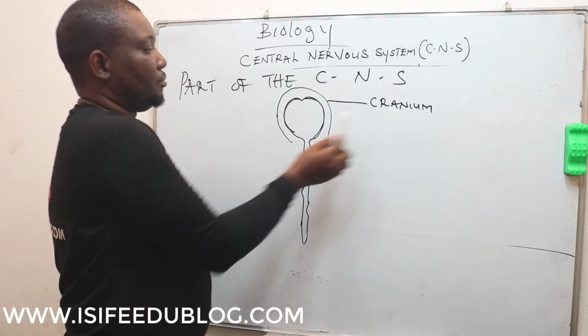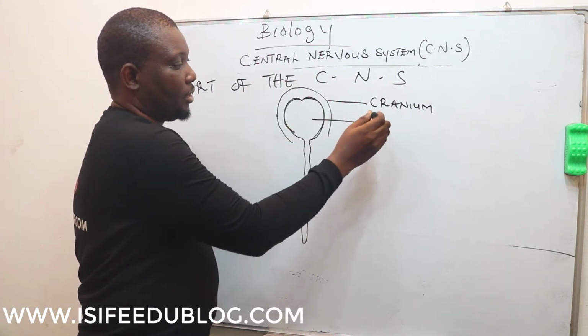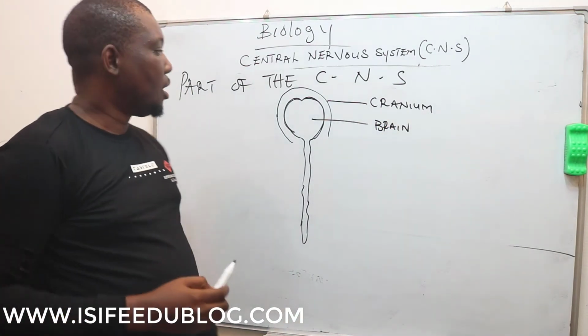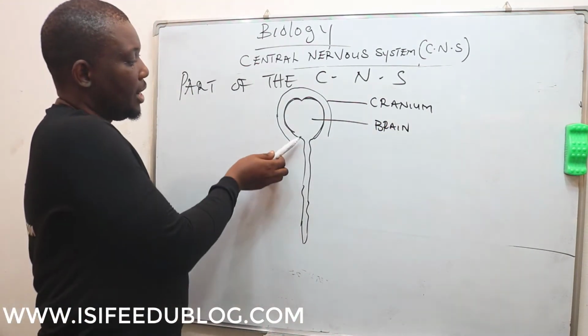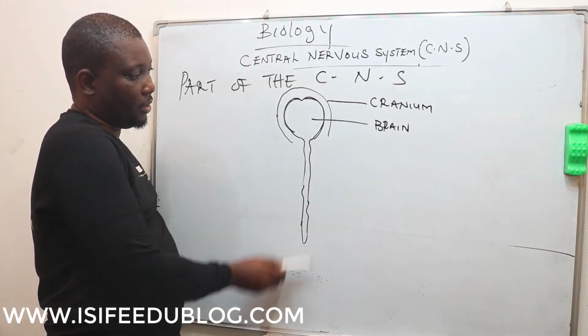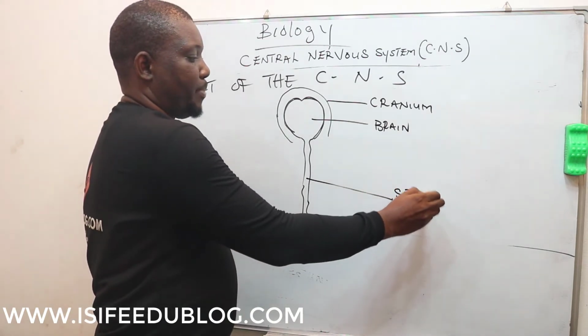So the cranium protects this part of the CNS, which is called the brain. And the extension of this part, which you see from this region, is called the spinal cord.